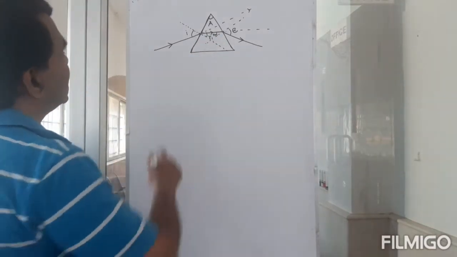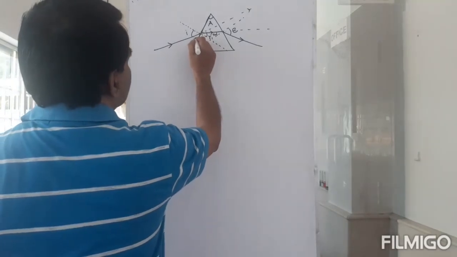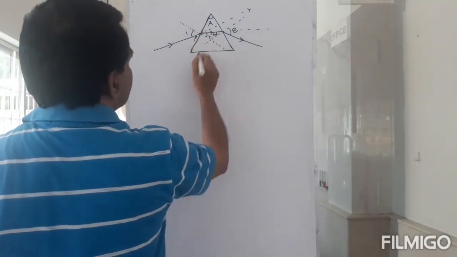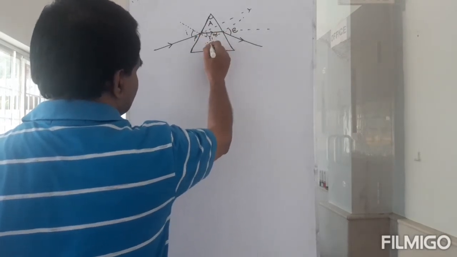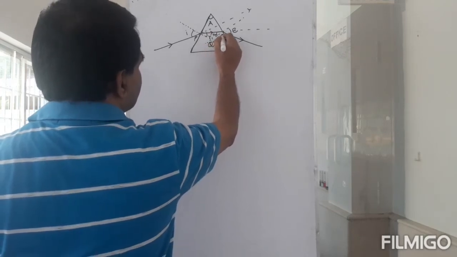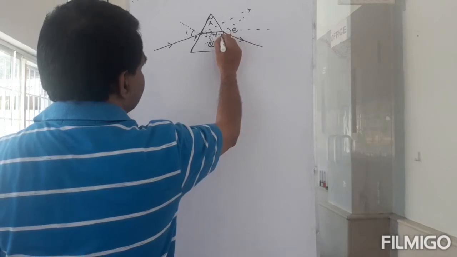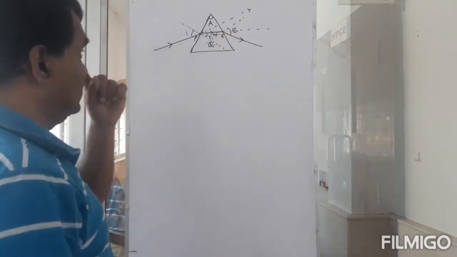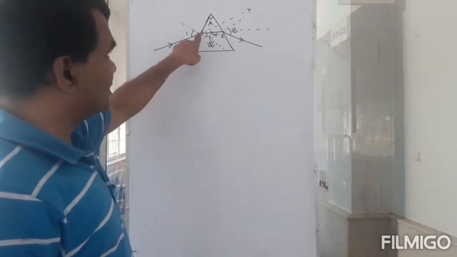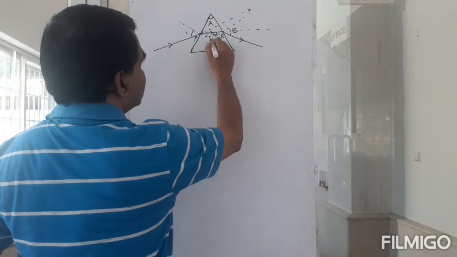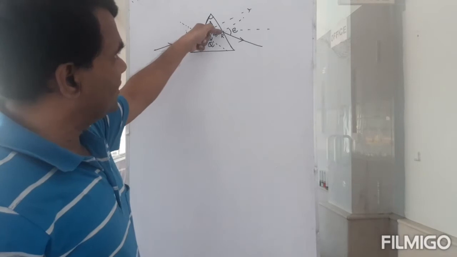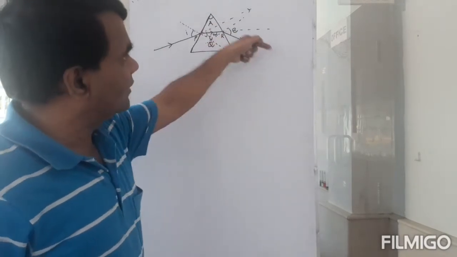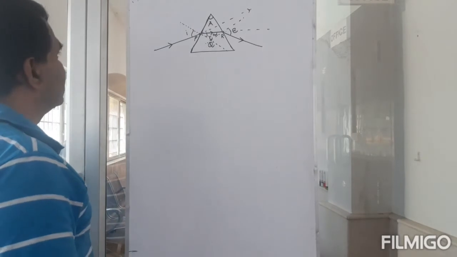Let me say that this is hitting here. This point is P, and this point where the normals intersect, let's say, is Q, and this is R. So R is where this ray hits the other surface and gets refracted from there.